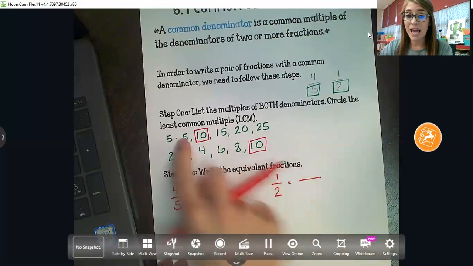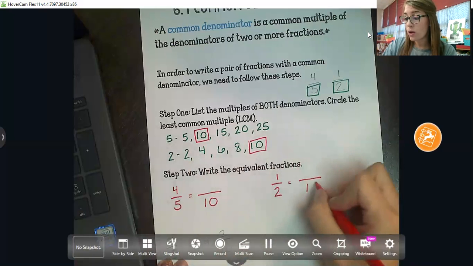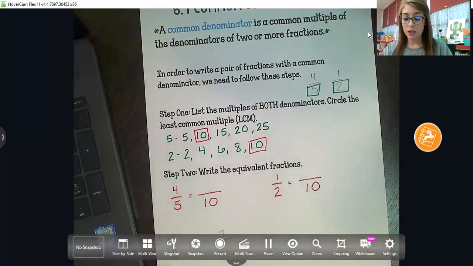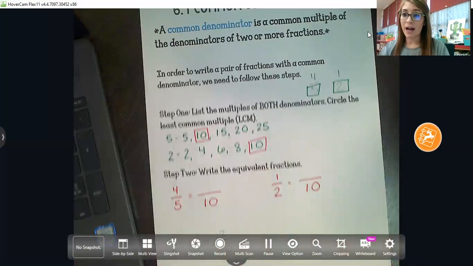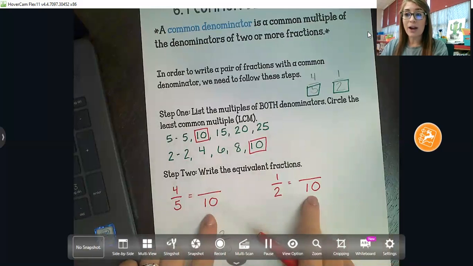Right, it's got to be 10. It has to be that least common multiple that we found between those two fractions. So here's where lesson 2 comes back into play. We're going to be multiplying to make equivalent fractions. However, instead of coming up with our own number today, we know what our new denominator has to be.